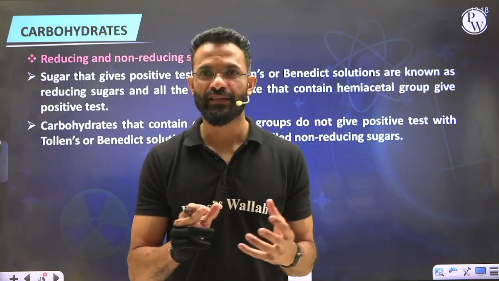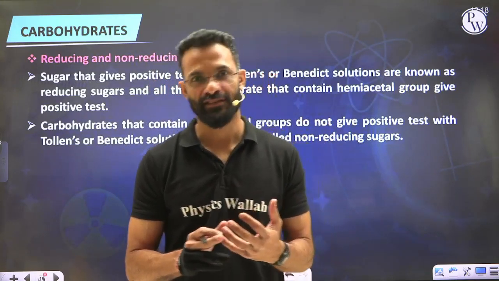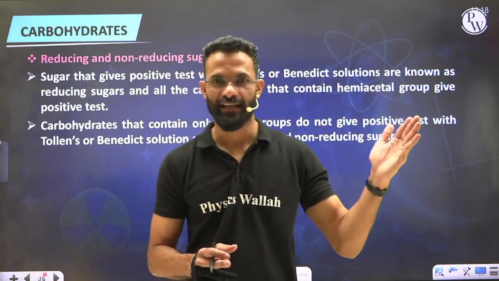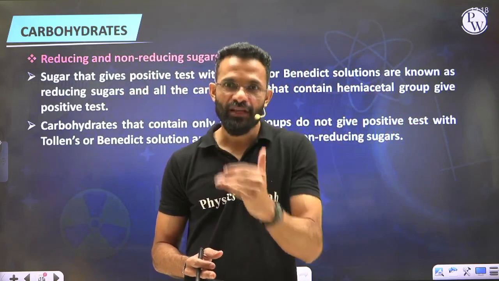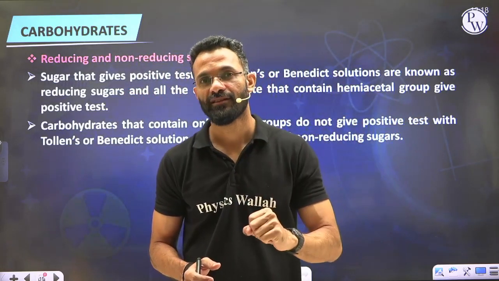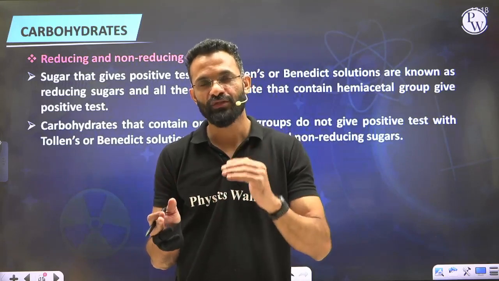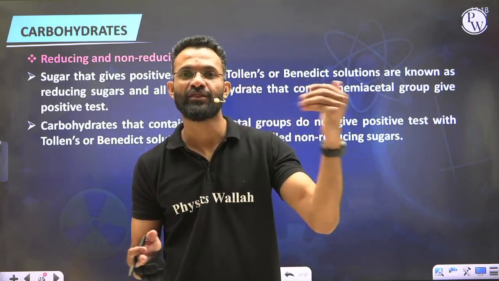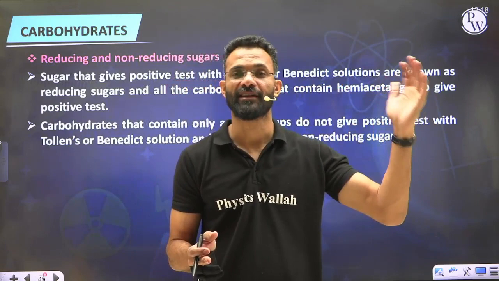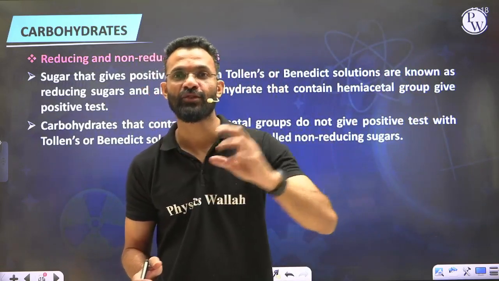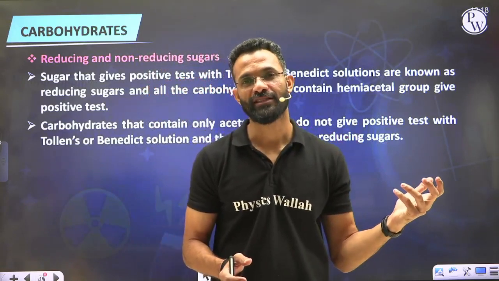All these reagents were basically alkaline reagents, which convert aldehydes into carboxylate ion, and these reagents themselves get reduced. So who carries out the reduction? Of course, those aldehydes. We used to say aldehyde reduces Tollens reagent into silver precipitate via the silver mirror test. We used to say aldehyde reduces Fehling solution and Benedict solution into red cuprous oxide precipitate.